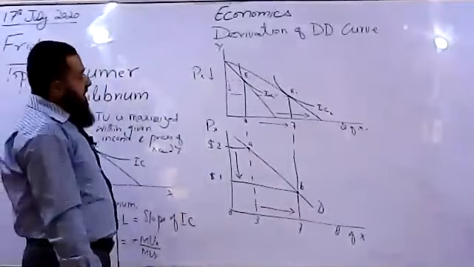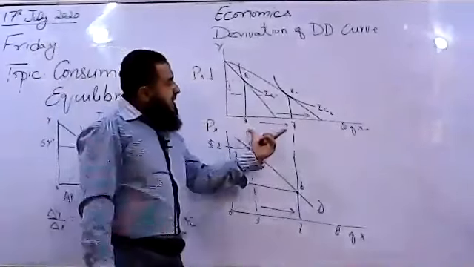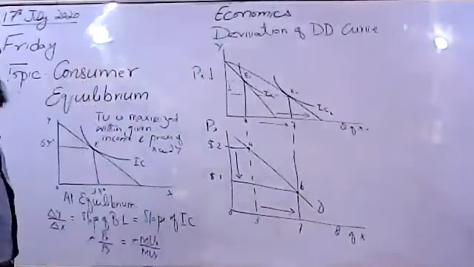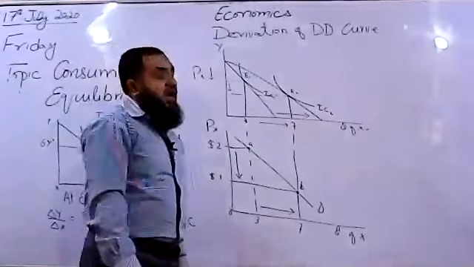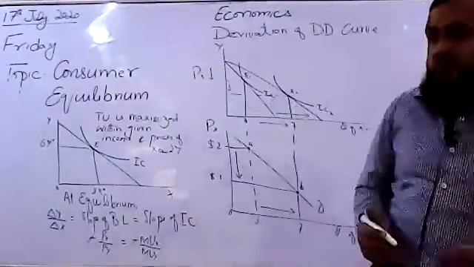So can I say when the price of X decreases, the consumer is able to buy more units of X as he is going to afford more of it. His real income is increasing due to the fall in prices.